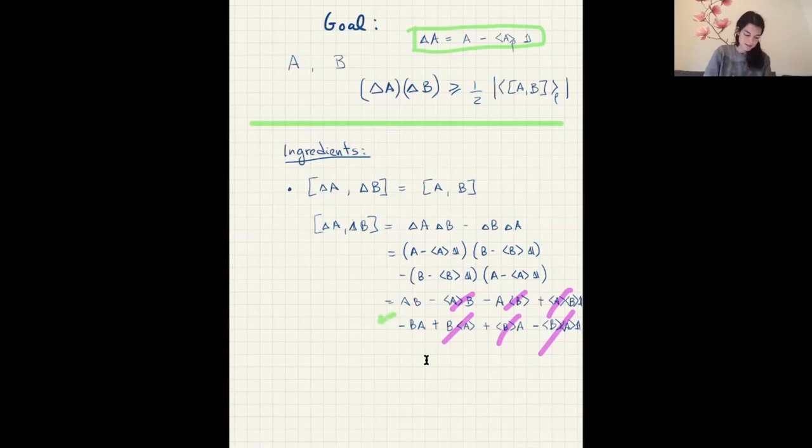The second ingredient is called the Schwarz inequality, which says that for two vectors which are not necessarily normalized, the product of their norms squared is larger than the inner product of A and B squared.